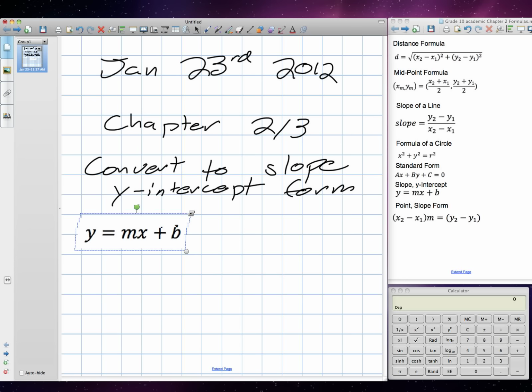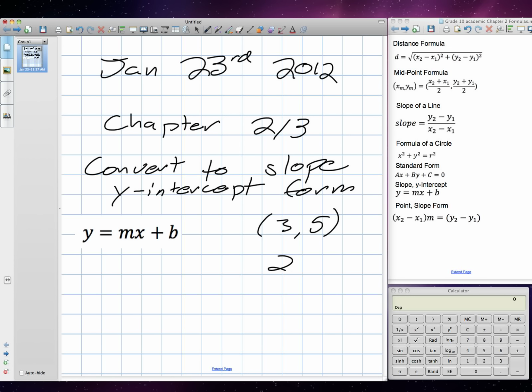Now, the only information they've given us: let's say we have a point on the line, and that point is 3 and 5. And they've also given us the slope of this line, which is 2 over 5.